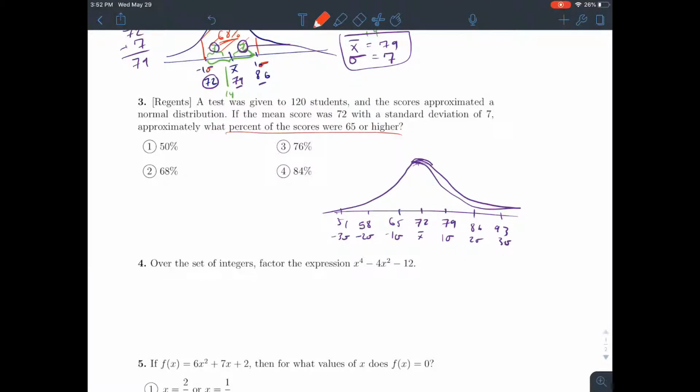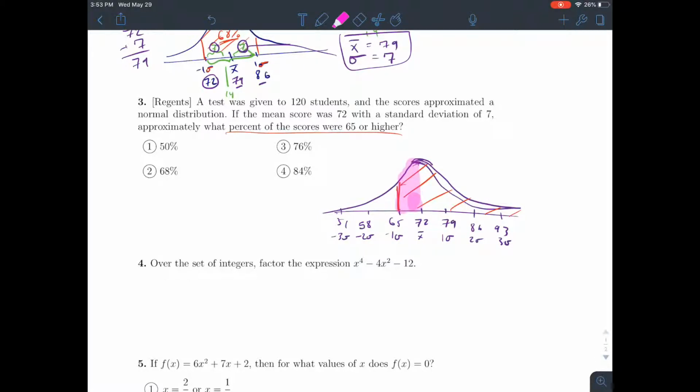What percent of the scores are 65 or higher? So here we mark 65. The "or higher" part would be this part, and this one is a little bit cool to do actually, because you can think about it in 2 chunks. So this chunk between -1 sigma and 1 sigma, that's usually going to be 68%. So we could use that to determine not what this whole pink chunk would be, but what this half of this would be.